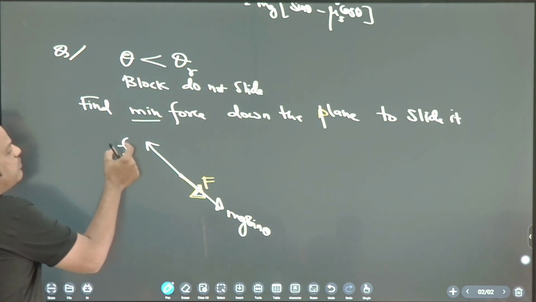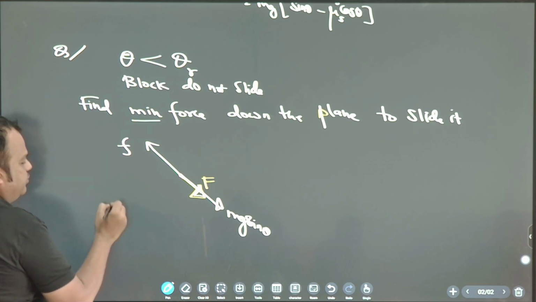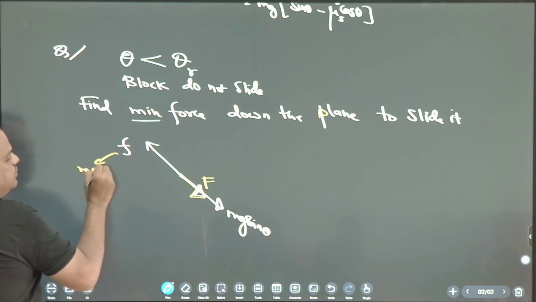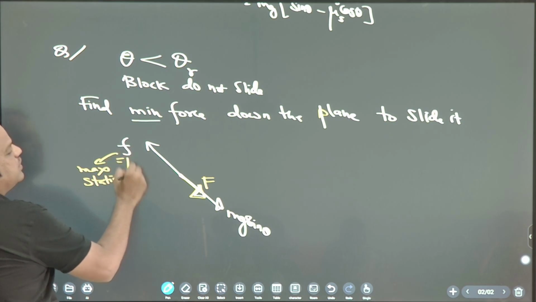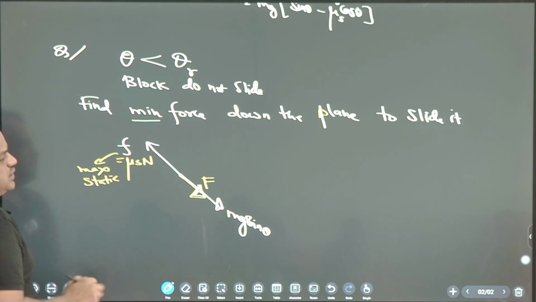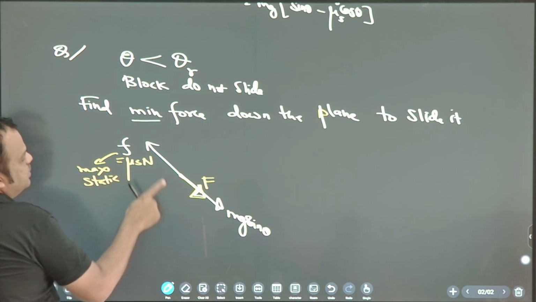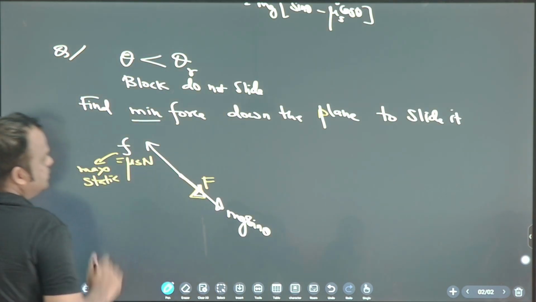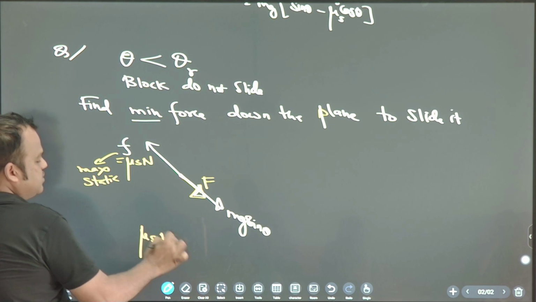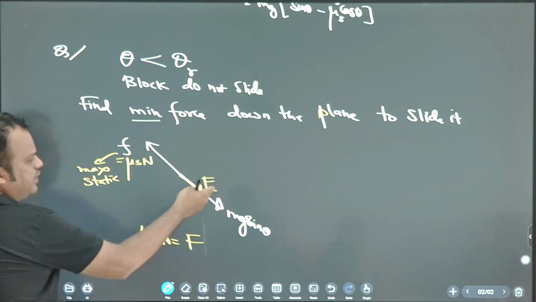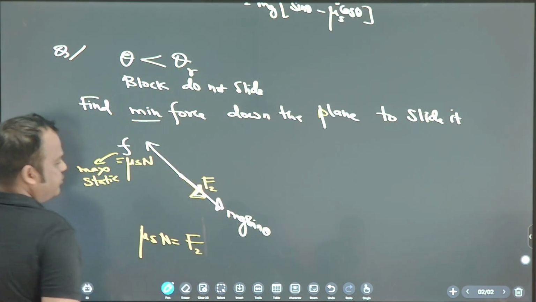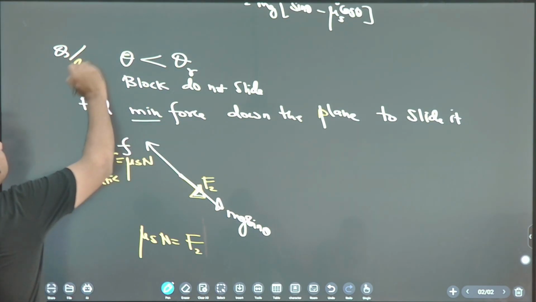So friction will be maximum static friction, note down. What is the value of maximum static friction? Mu Sn. So this is equal to this plus this. So mu Sn is equal to capital F. You can call it F2, because it is the second question.